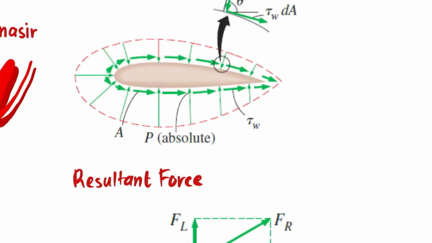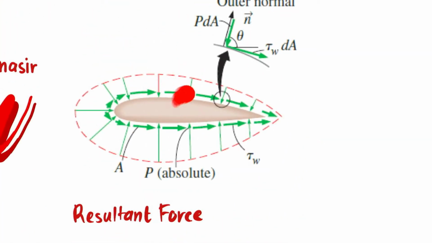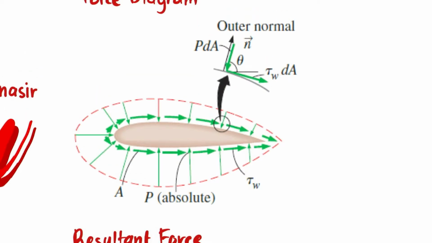Okay, so how is lift and drag generated? From here, we assume that pressure or static pressure exerts on every surface, in every direction of the surface, but when the velocity of the fluid is faster, the pressure decreases. Let me write here.